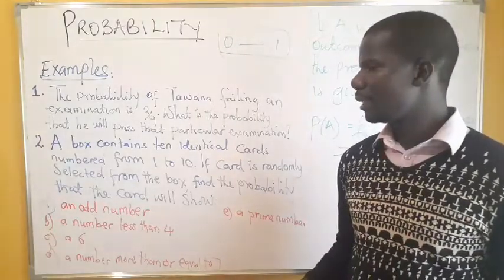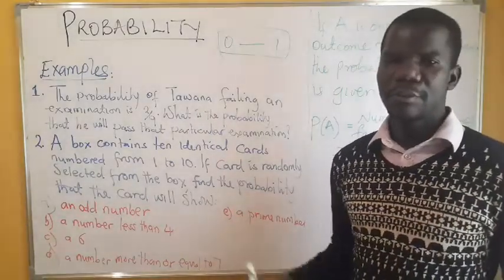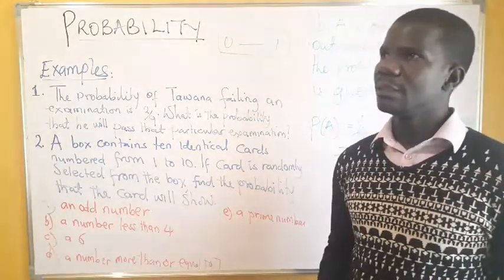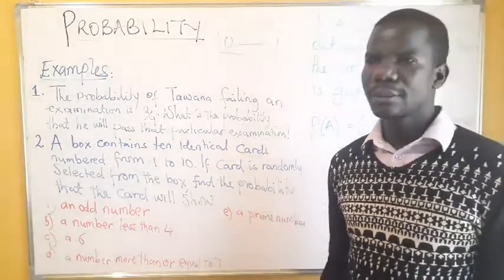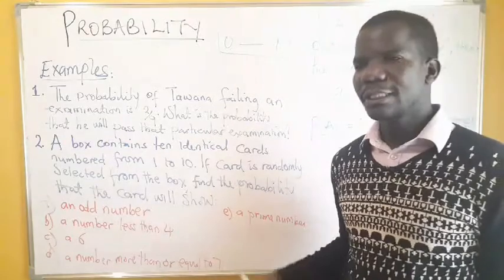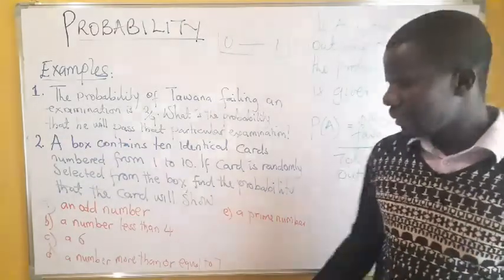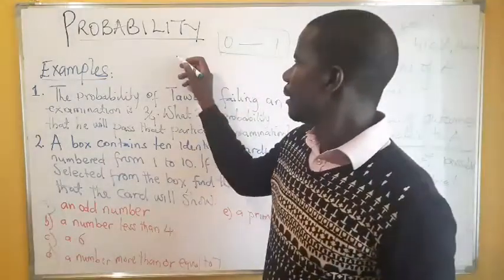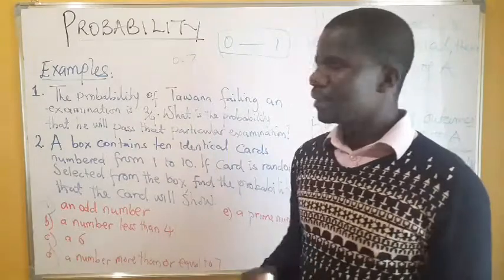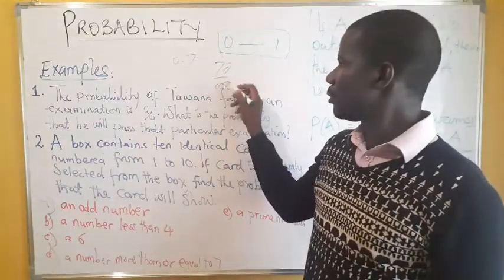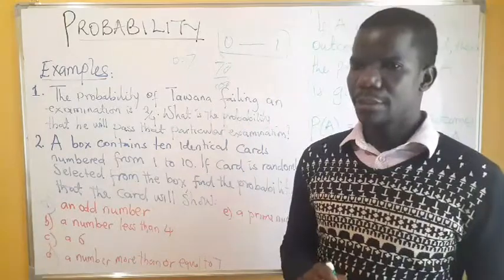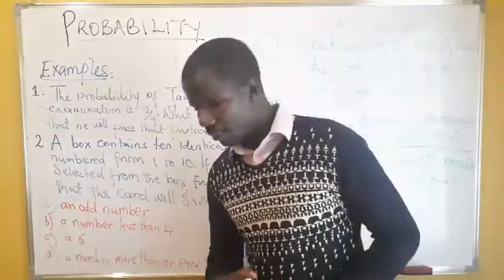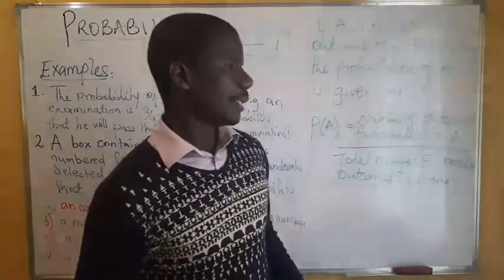So it's important that you understand how a probability works. You could say maybe 0.8, or 8 over 10, or even a percentage, because when we say 70%, in decimal form we are saying it's 0.7, or 70 over 100, which is still a fraction between 0 and 1. So please take note of that. That's very important when we are looking at probability.